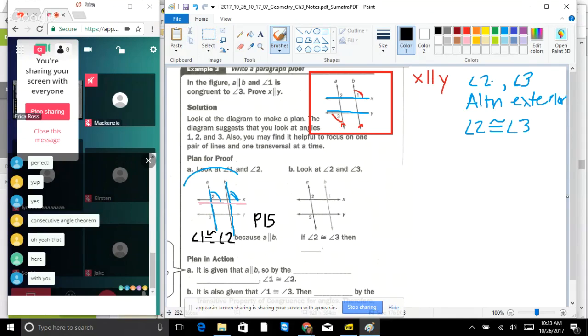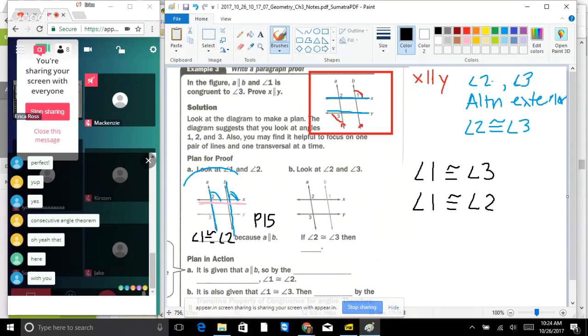So then, if angle 1 is congruent to angle 2, and we have angle 1 is congruent to angle 3, then what's that property that lets us substitute one in for the other?